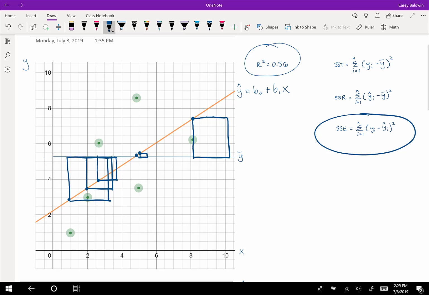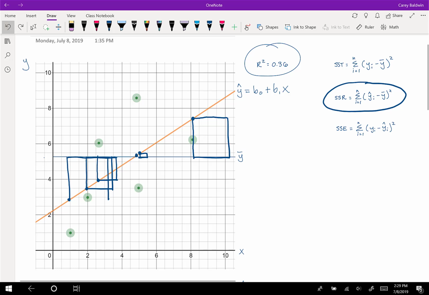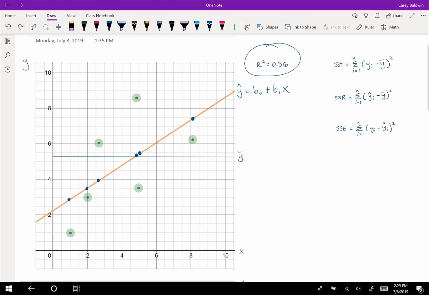So let me go ahead and see if I can represent that. Okay, so what is my sum of squared error going to be? Well, that's going to be the differences between the observed y values and the predicted y values. So each of those is going to have a square.